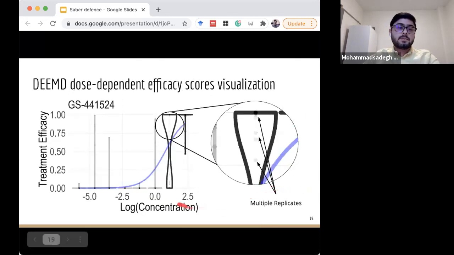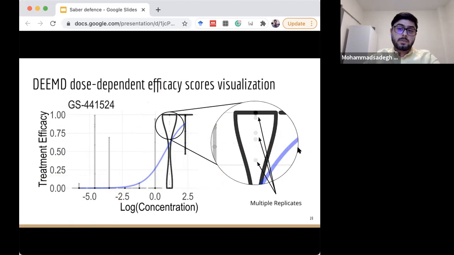Here we see the dose-dependent estimated efficacy score for a sample compound by the MIL model as an example. On the x-axis, we have the log concentrations, and on the y-axis, we have the dose-dependent estimated efficacy scores. The violins show the distribution of the estimated efficacies for the replicates at the same dose, and the blue curve is a logistic curve fit to all of the estimations.